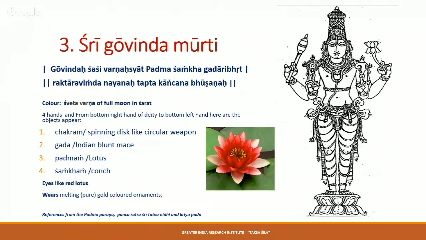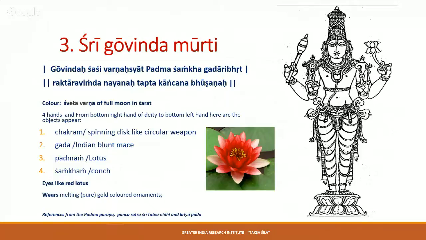About the Sri Govinda Murti, we'll put more stress on the Murti. The dhyana sloka says Govinda, his name is Govinda. That is the first pada. And Shashivarna Syat, his varna is Shashi. Shashi is Svetavarna, the full moon in Sharad ritu.